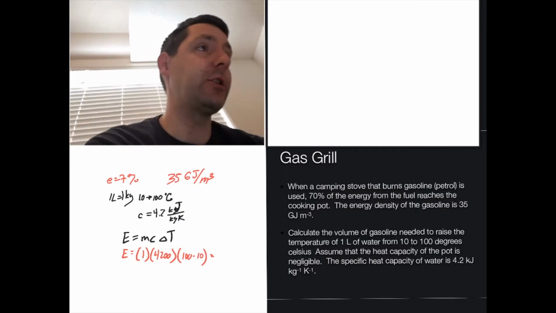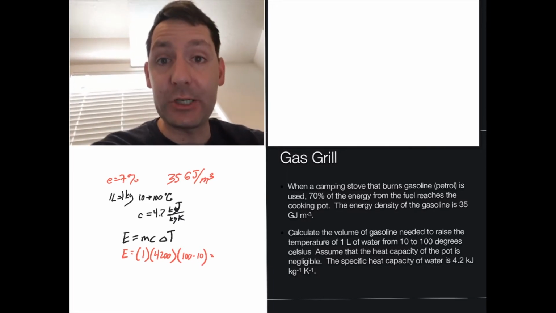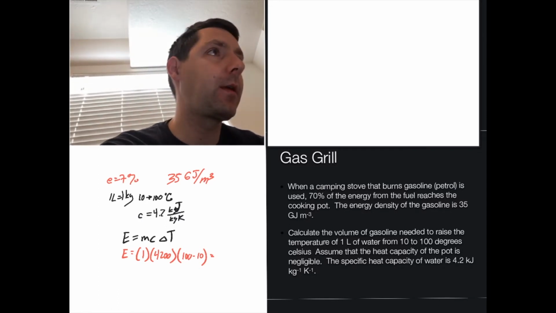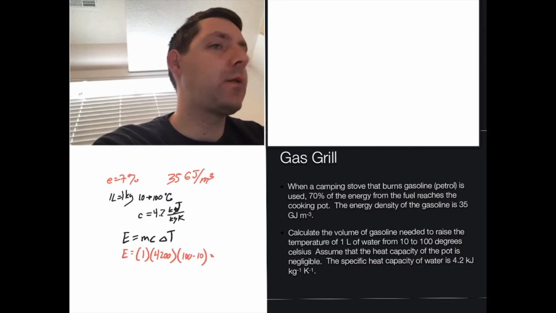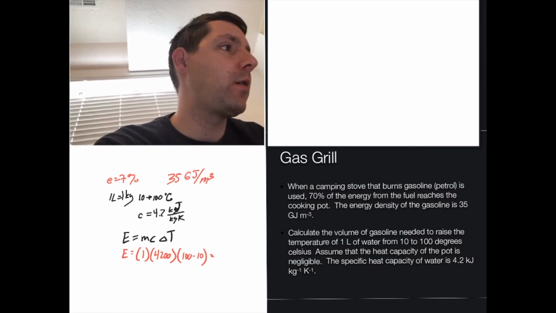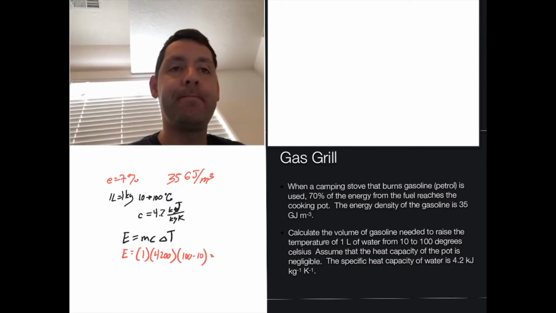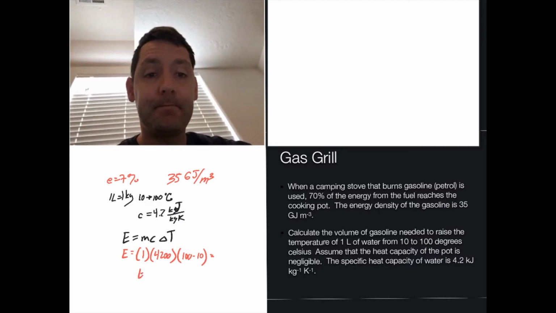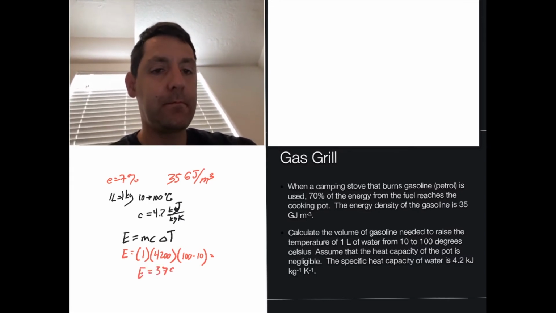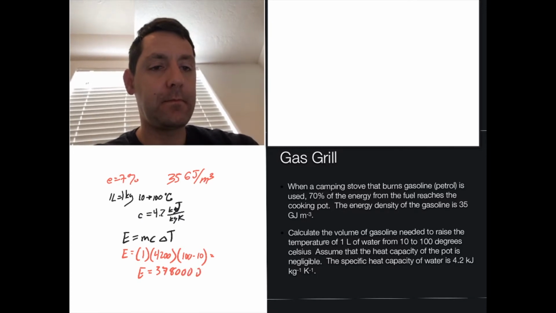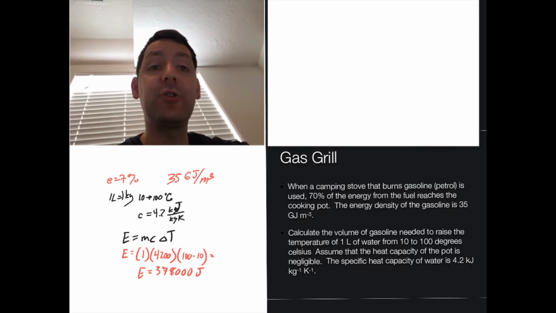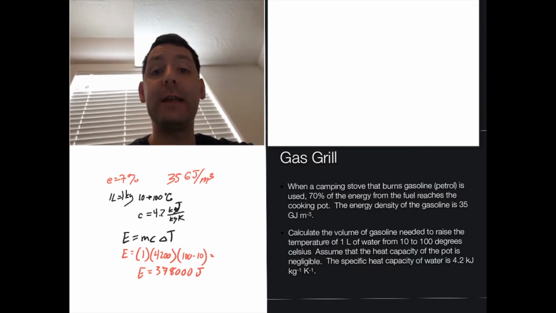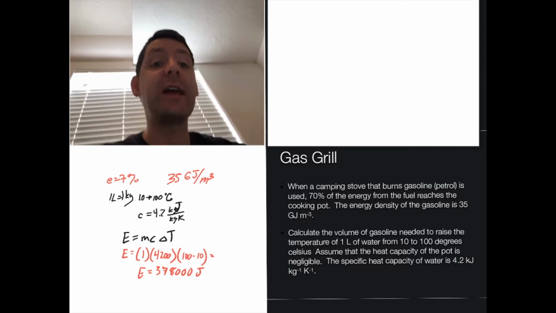We should be able to punch this into our calculator, so go ahead and see what you get. All right, this is what I got: 378,000 joules, or 3.78 times 10 to the 5th joules. That's how much energy we need in order to heat up this water.